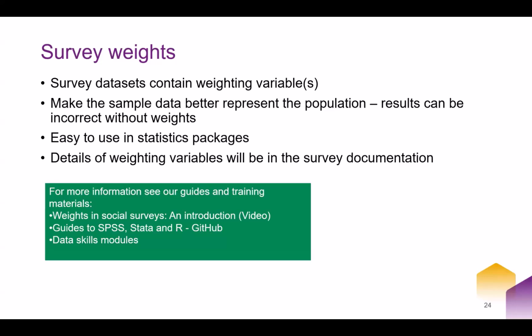Most statistical software packages make it really easy and straightforward to apply weights. Also, you will need to look at documentation that explains which weight variable should be used for each type of analysis. For people who are new to weighting, the UK Data Service provides an introductory video.